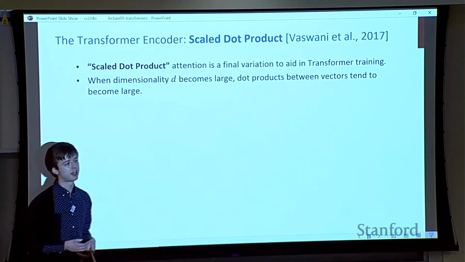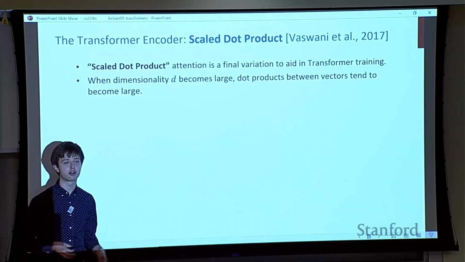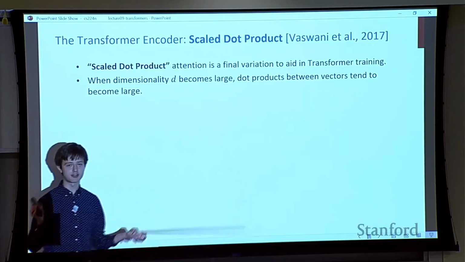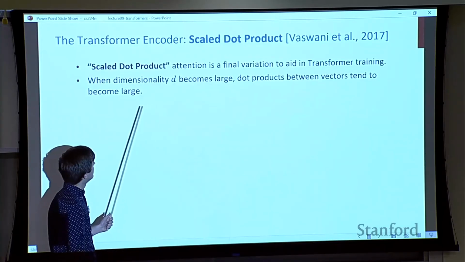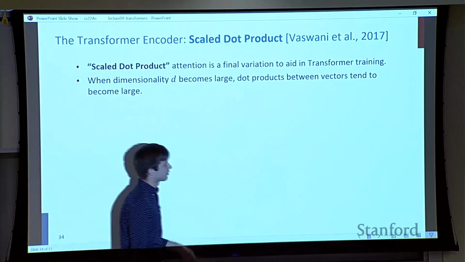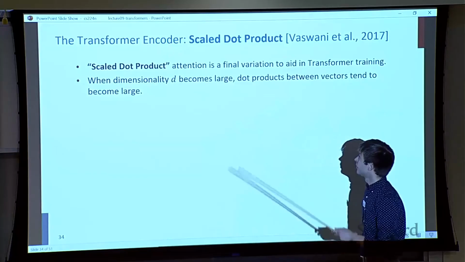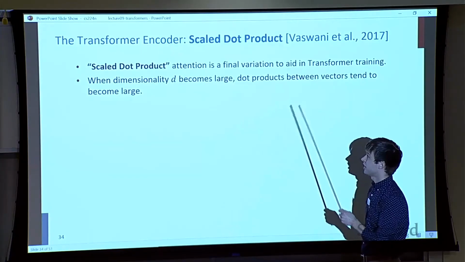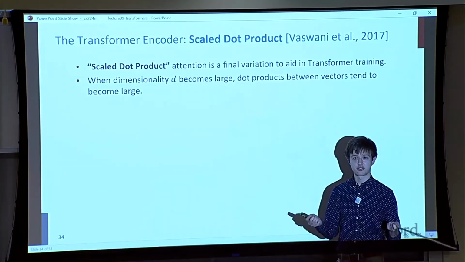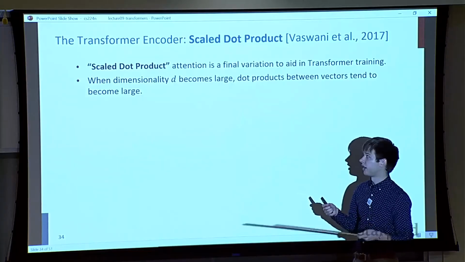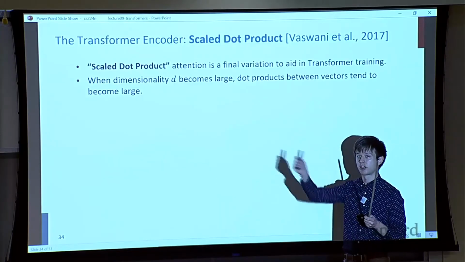So maybe our hidden layer in our transformer is 1,000 or 2,000 or 3,000. Anyway, it gets big. And when the dimensionality becomes large, the dot products between vectors tend to become large. So for example, if you take the dot product between two random vectors in R^D, it grows quite quickly.